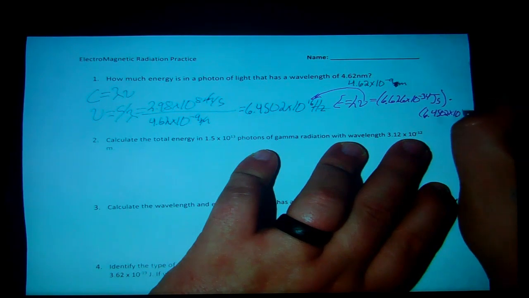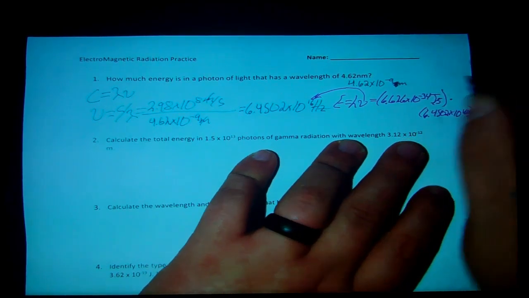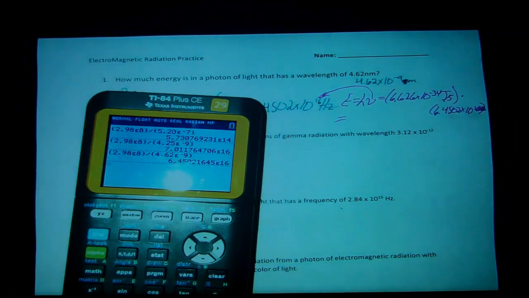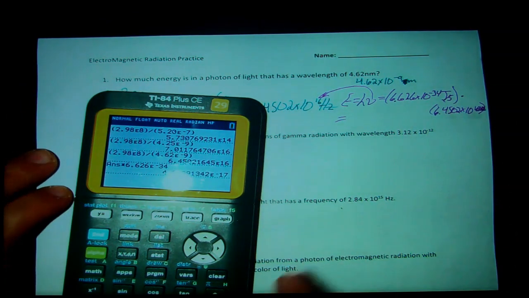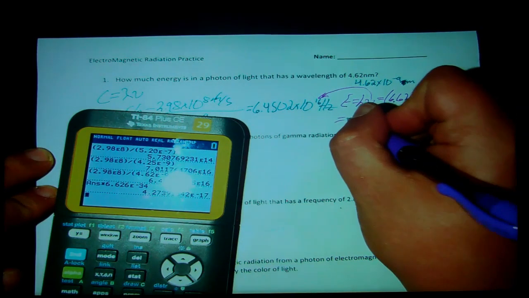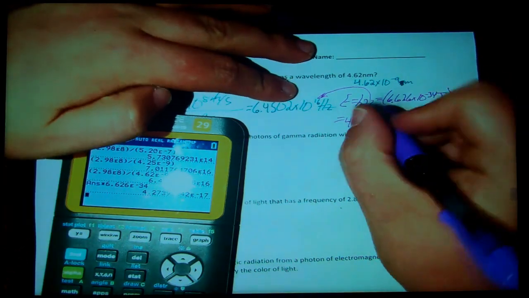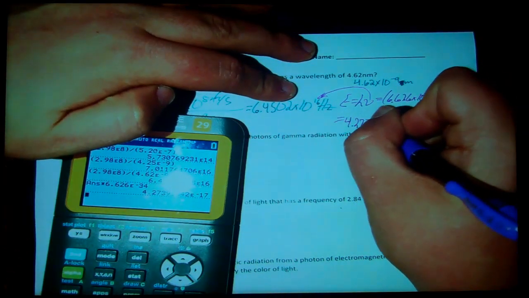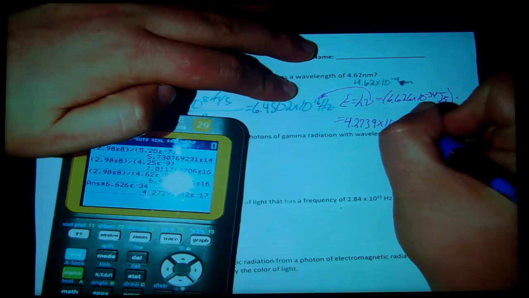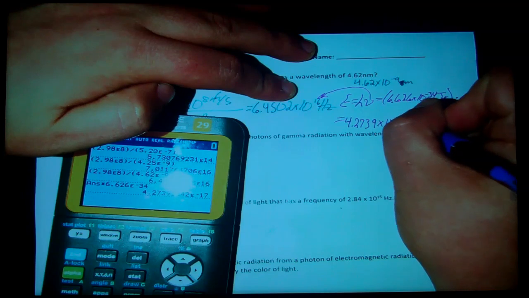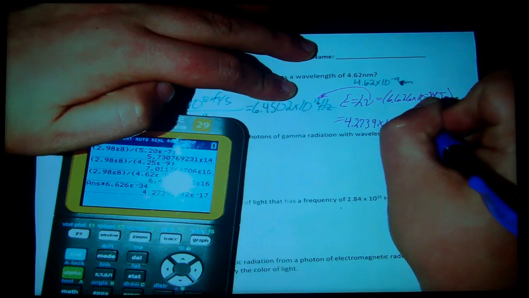Times 10 to the 16th hertz. Hertz and seconds cancel. So take that number, multiply it by Planck's constant, and we find it to be 4.2739 times 10 to the negative 17 joules.